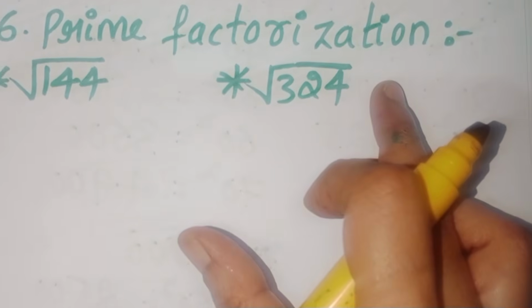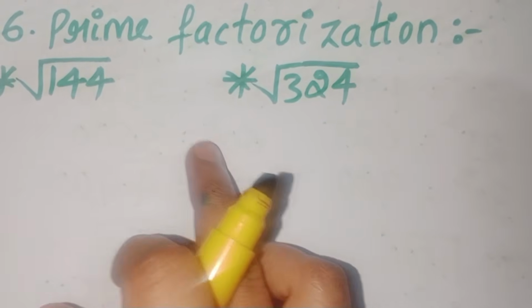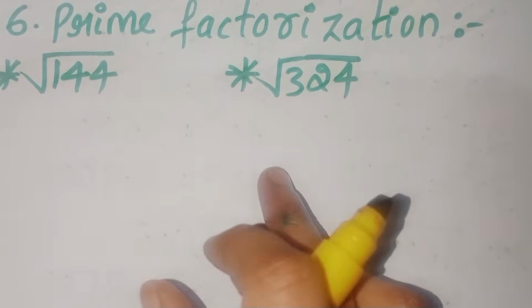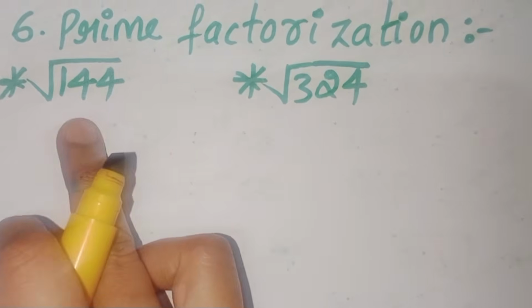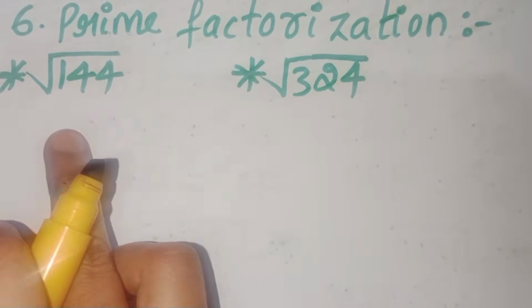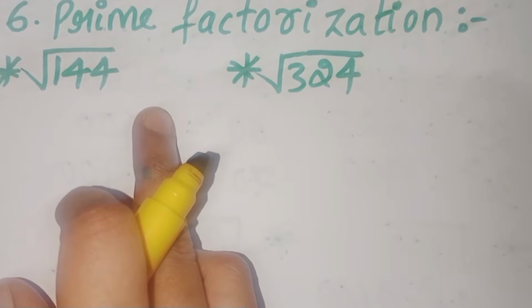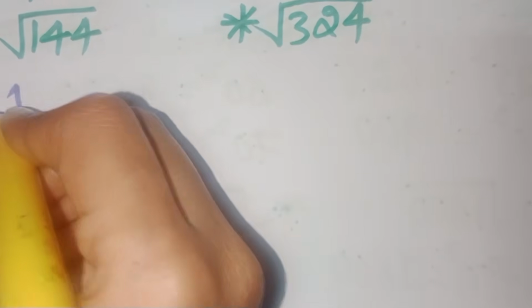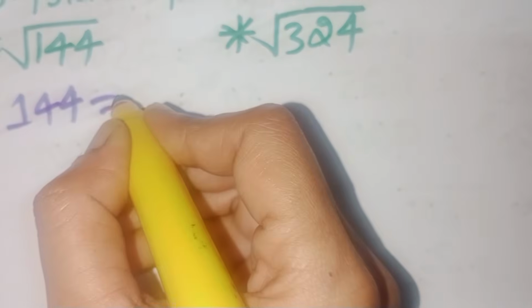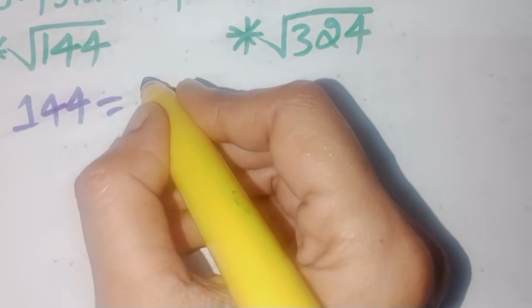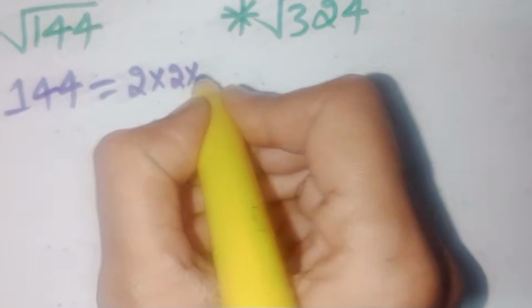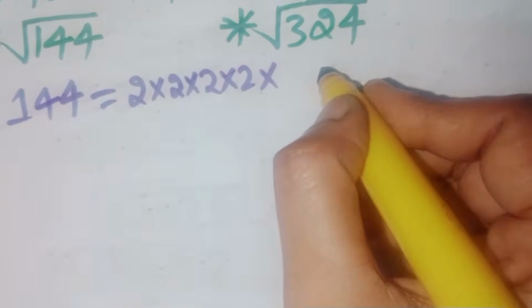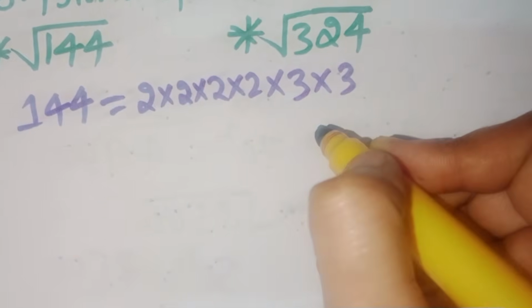Prime factorization. Now let's go one step further. Prime factorization can also help us find square roots. Square root of 144. Break 144 into prime factors. Prime factors are 2 times 2 times 2 times 2 times 3 times 3.